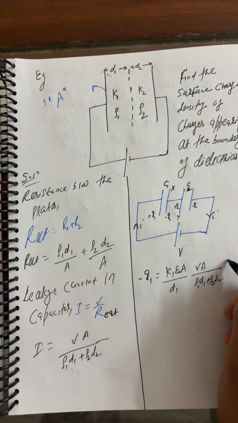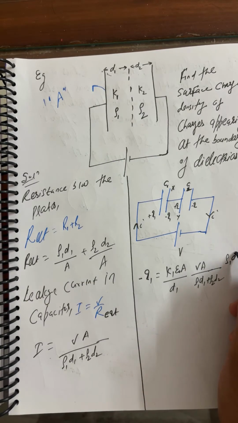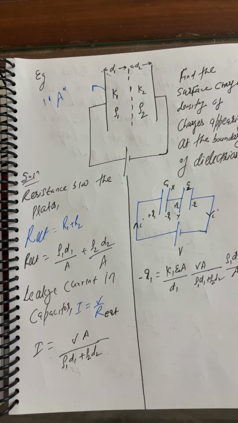And with that we can write finally, the resistance initially is rho 1 into D1 upon A. Few terms cancel each other. Which terms? This is D1, this is D1, finished, and this A finished.